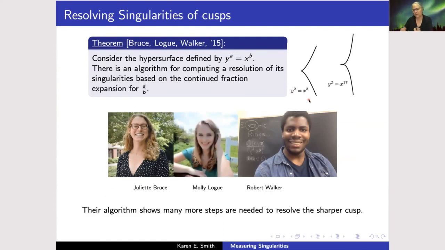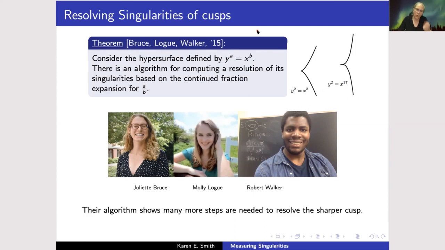But several years ago, they worked on a project where they explicitly computed a resolution of singularities, and they gave a nice algorithm for these kinds of curves. Using their algorithm, you can see that there's a much more complicated resolution of singularities for the sharper cusp. So this can be made very rigorous, and they did it for these kinds of curves.